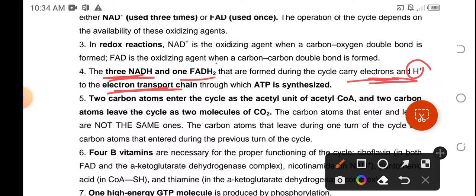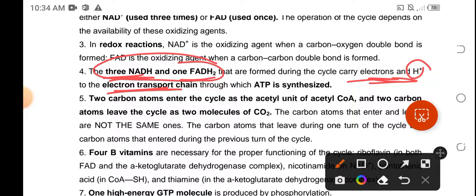So yung whatever NADH or the FADH2 that was formed during the citric acid cycle, sila yung magpupush dun sa fourth stage, which is the electron transport chain, which are actually the common reactions for the biochemical energy production.